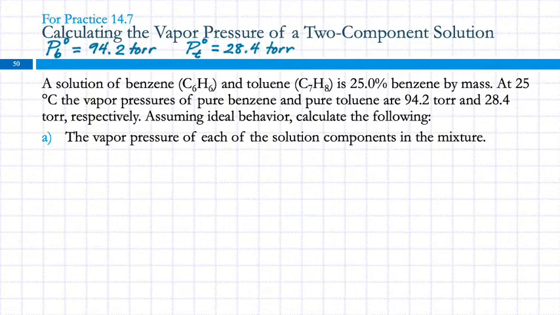And we're told that this is 25.0% benzene by mass. That means I have 25.0 grams of benzene per 100 grams of solution.